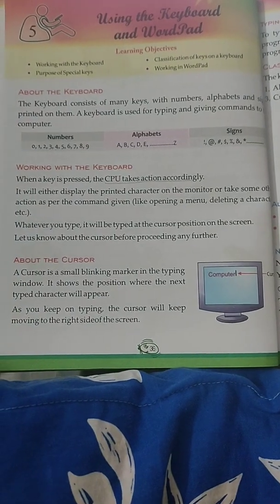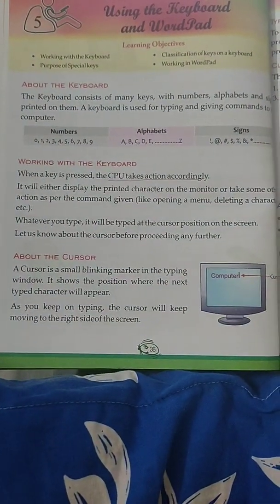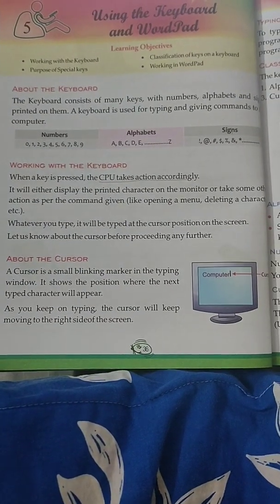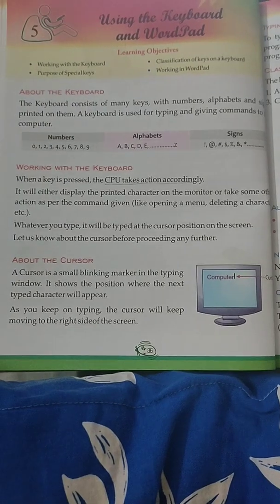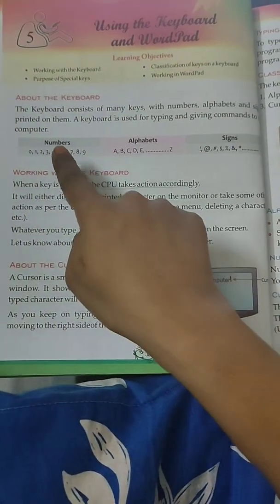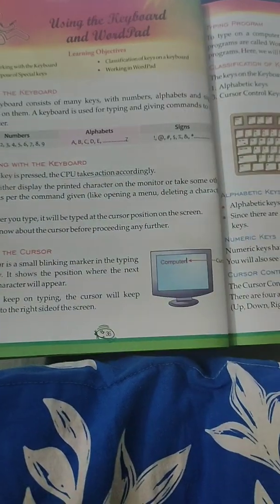Okay, so first of all, I am going to show you about the keyboard. For that, I am going to use the keyboard of my laptop computer. In that, I will show you first of all the number keys, alphabet keys and the special signs. So let's see.